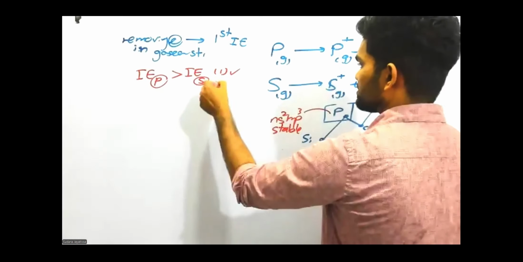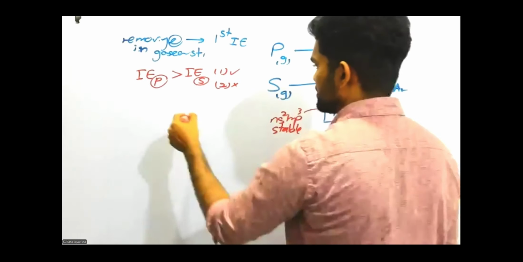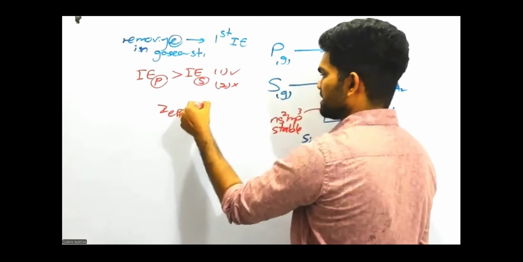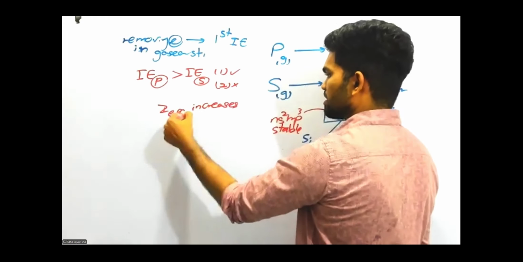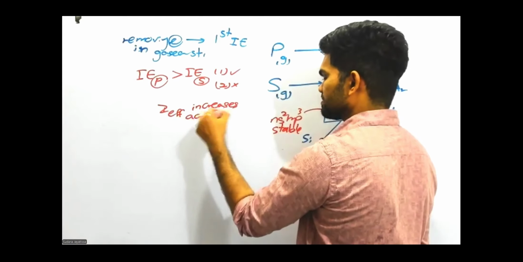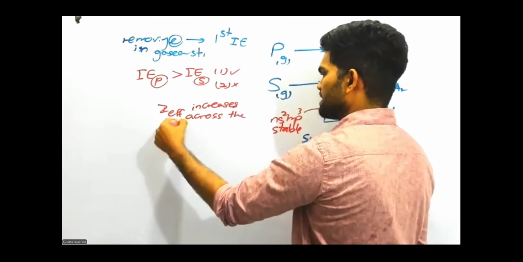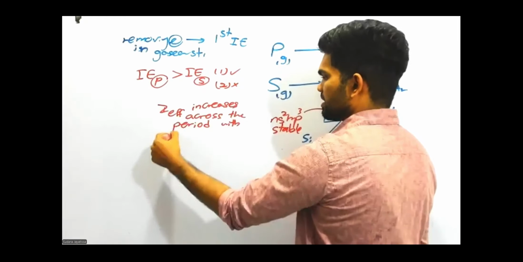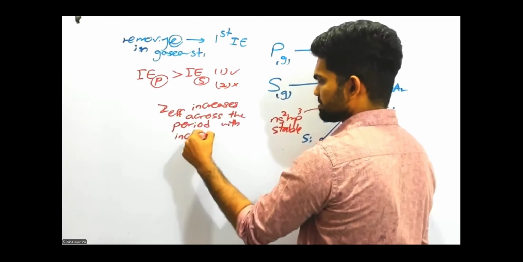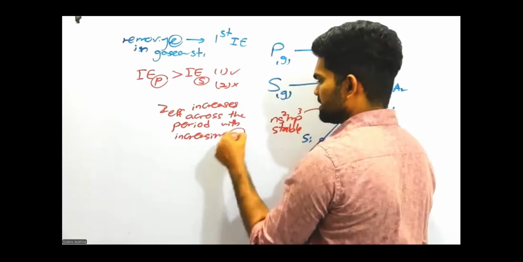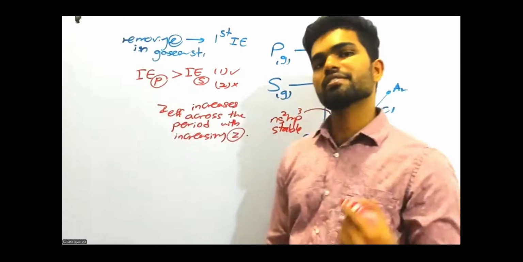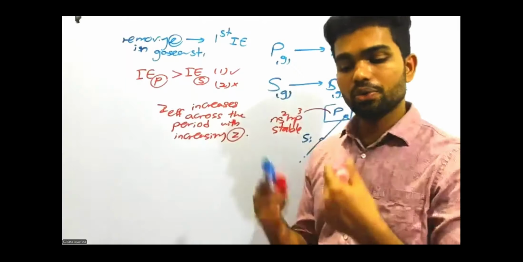Okay, so that reason is wrong. Why? Because Zeff increases across the period with increasing nuclear charge. As the nuclear charge increases, effective nuclear charge also increases.